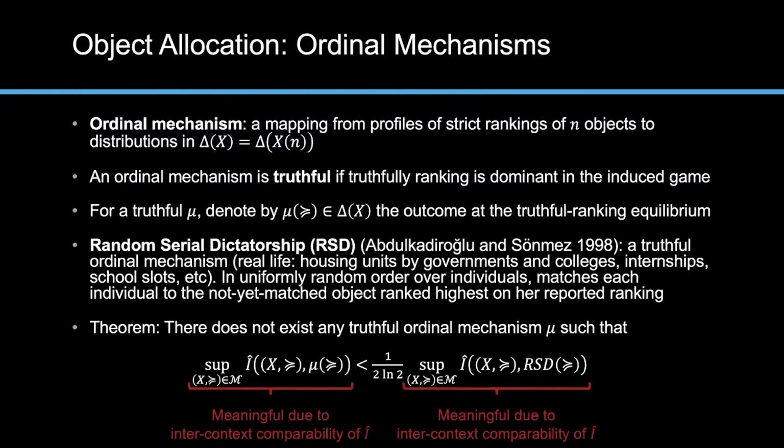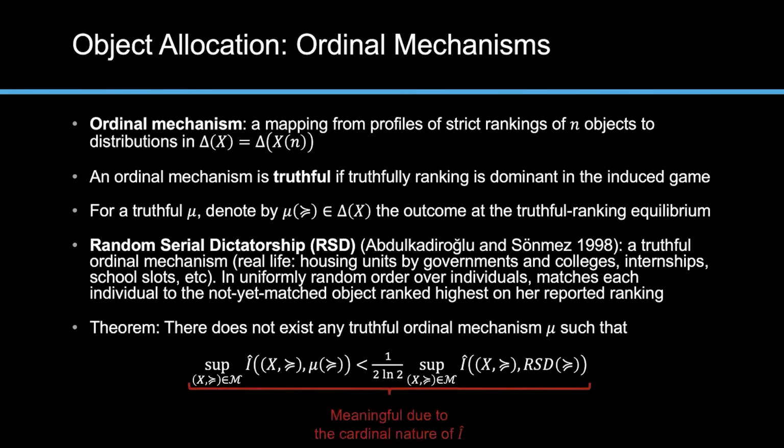I should note that saying worst case inefficiency across all contexts is meaningful only because we have inter-context comparability for I hat. And comparing this with 72% of this is only meaningful due to the cardinal nature of I hat.